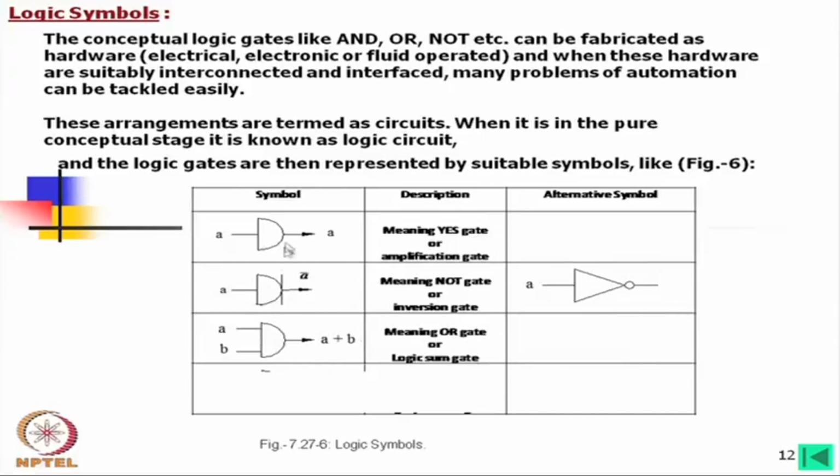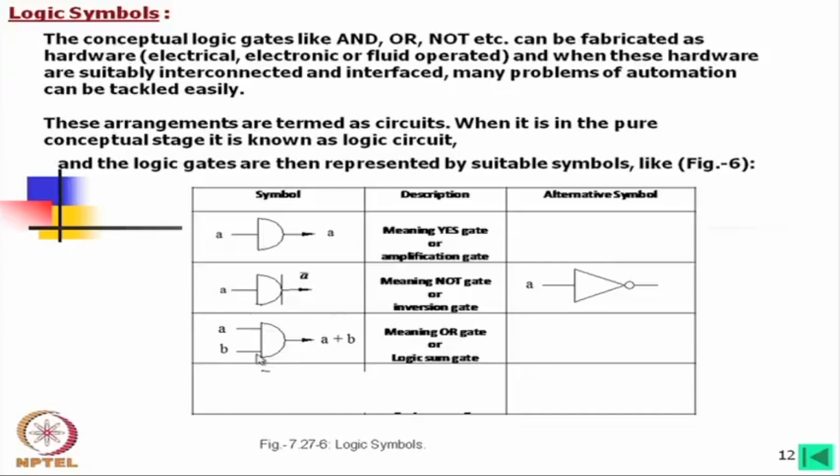Now, next you look at this, here the input is double, and the output is A plus B. This plus means A or B. That means if there is a signal at A, then the output is there.